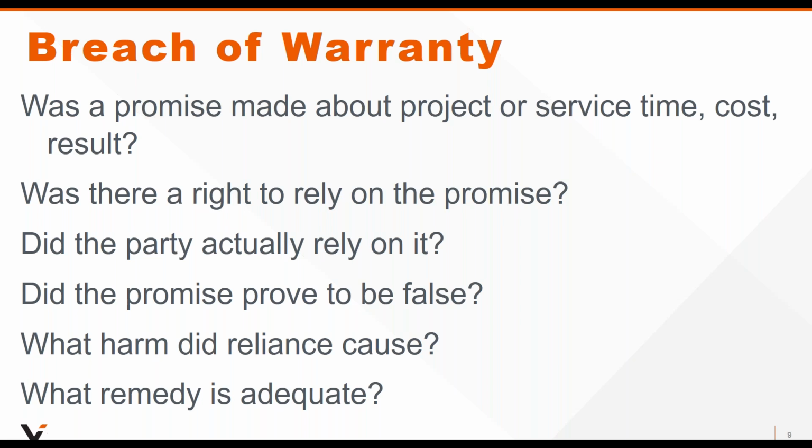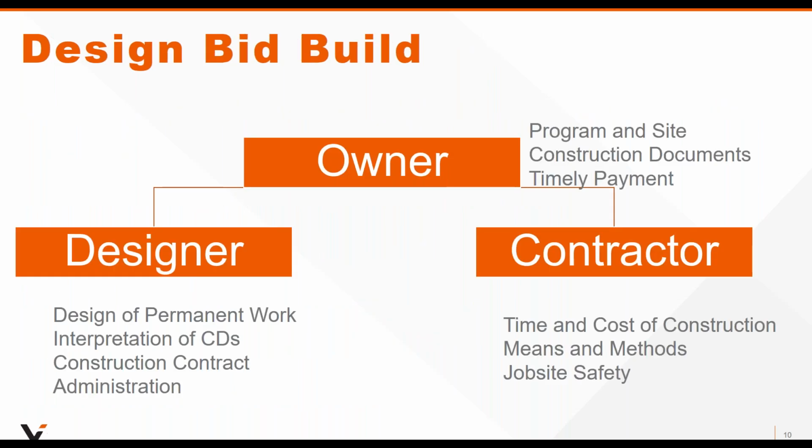Let's talk about the traditional project delivery format that most design firms are familiar with, and that is the design bid build environment. In a design bid build environment, what you have are two separate contracts.